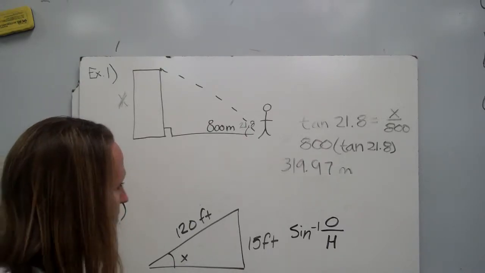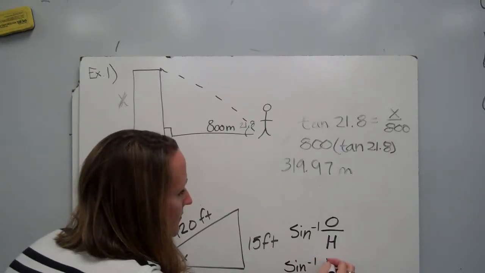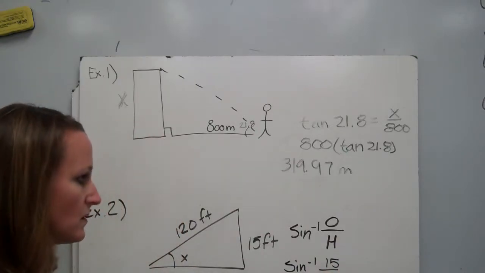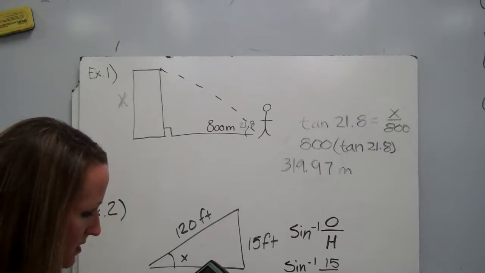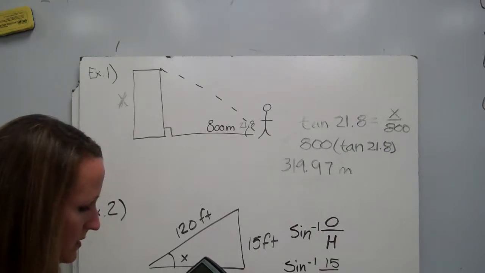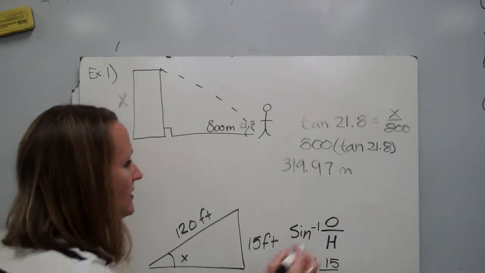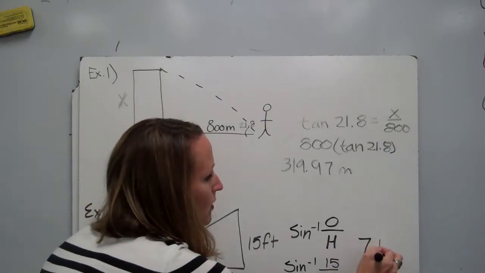We need to do sine inverse of 15 over 120. Remember to do that, you would do second sine 15 divided by 120, and you find out that your angle of elevation is 7.18.